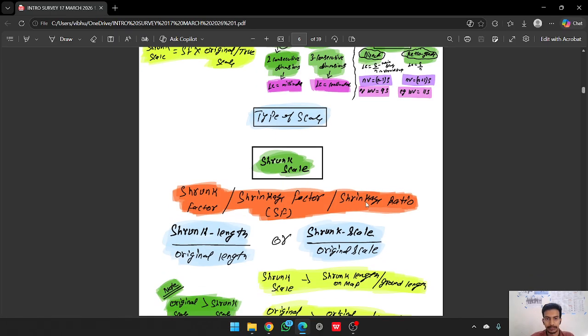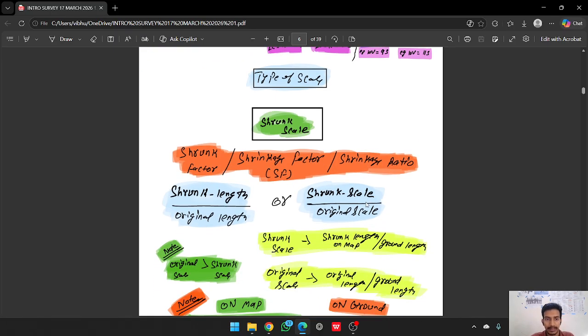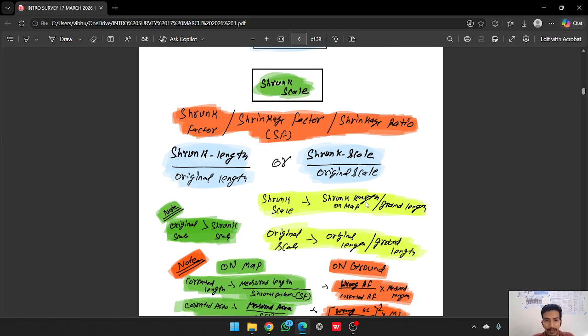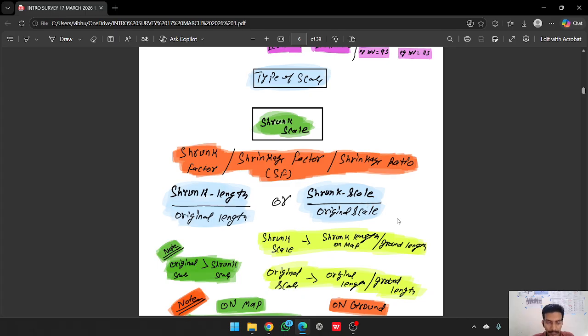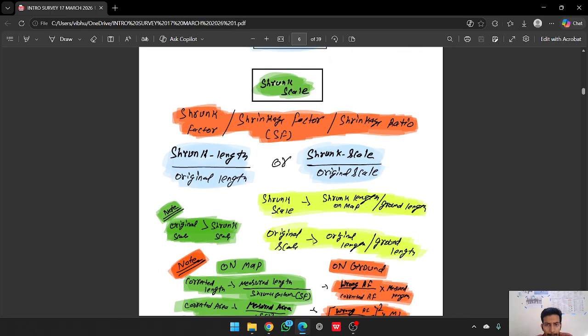Okay, guys, now what is shrunk factor, shrinkage factor, and shrinkage ratio? All three are similar. Shrinkage is shrunk length upon original length, like a map. Shrunk scale upon original scale.